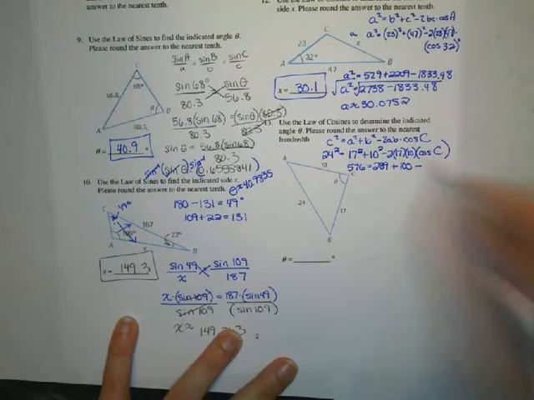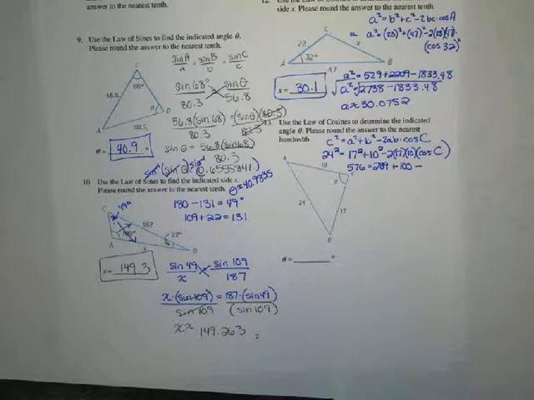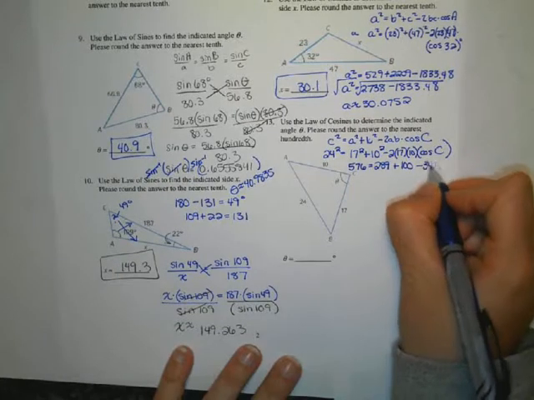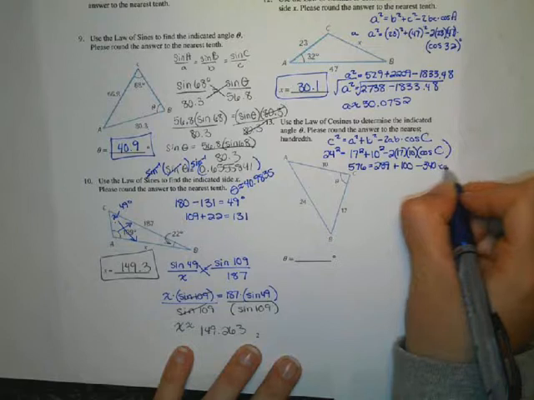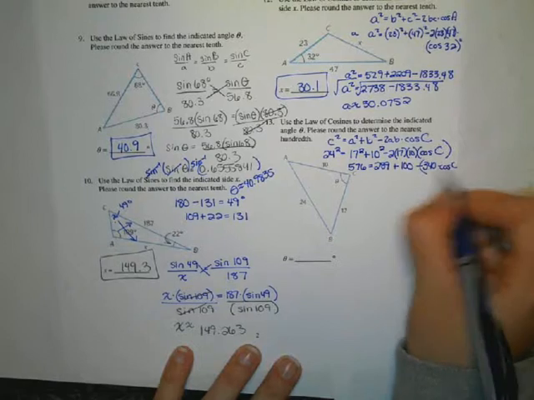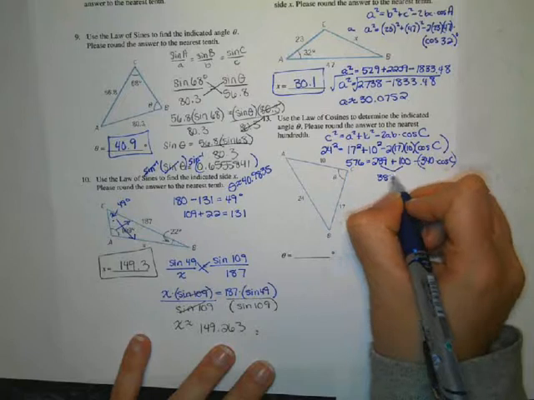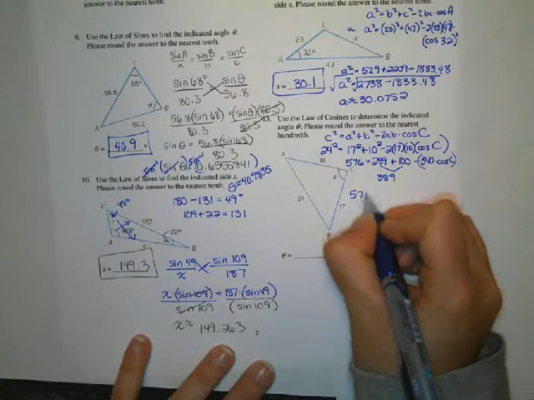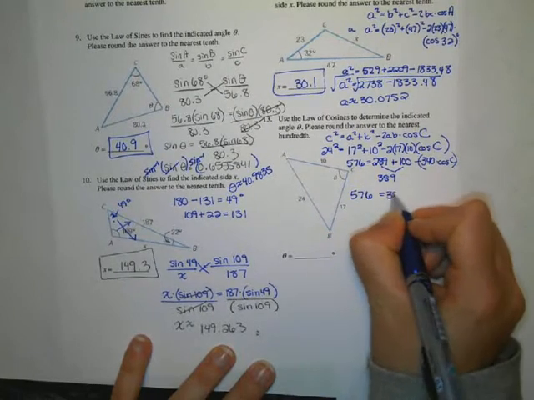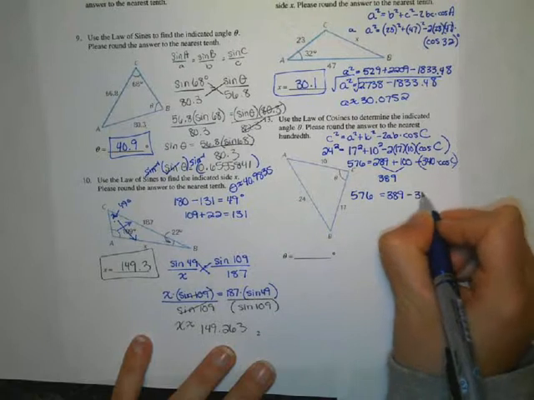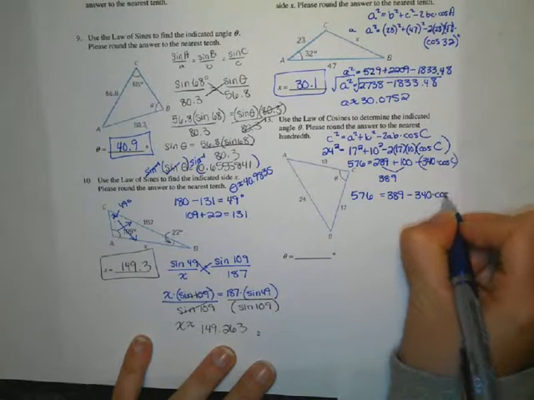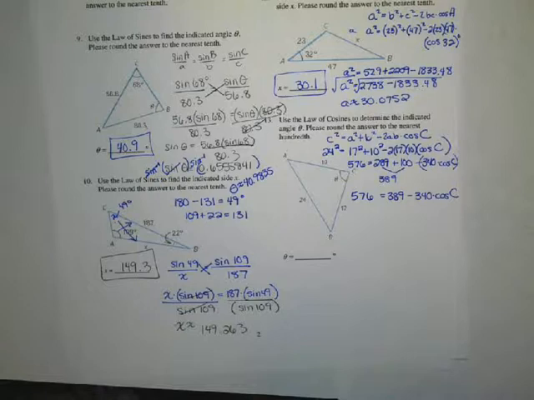Well, if you multiply all that, 2 times 10 times 17, or whatever order, is 340 times cosine C. Now remember, these all stay together. So this adds up to 389. So I now have 576 is equal to 389 minus 340 times cosine C. How would I get that by itself? What's the next step? Good, I heard it.